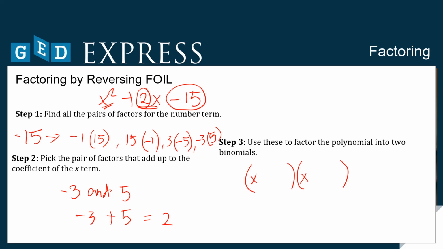Then copy the pair of factors that add up to the coefficient with their signs. So we have x minus 3 and x plus 5. So the factors of x squared plus 2x minus 15 are x minus 3 and x plus 5.